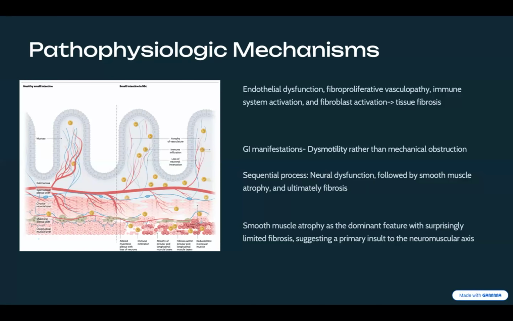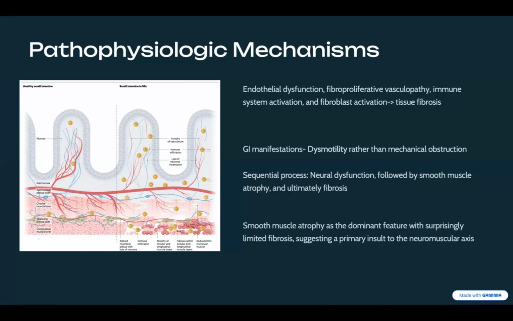What we expect in fibrosis is more of obstruction and strictures, but what happens is it more faces a dysmotility-predominant disease. So the GI manifestations can be classified into two. One is due to the dysmotility and the things arising out of the dysmotility, like the bacterial growth or the other symptoms.